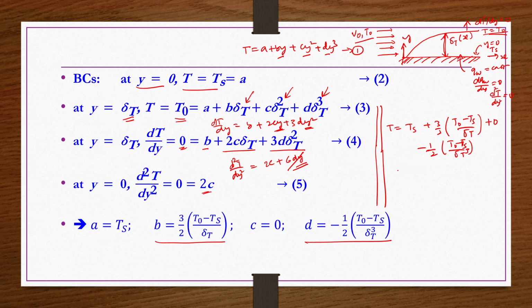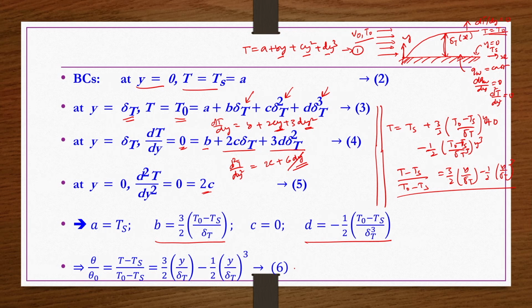That means T minus Ts divided by T naught minus Ts is nothing but 3 by 2 y by delta t minus 1 by 2 y by delta t whole cube. So, that is what you get here.